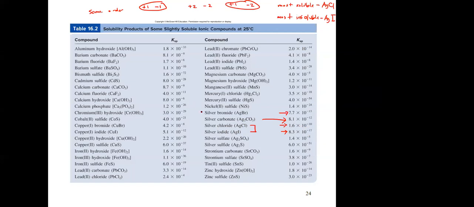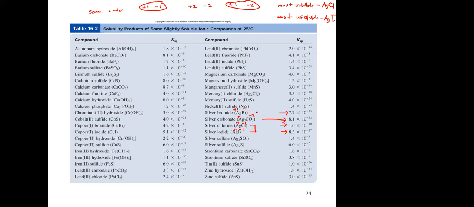Is silver carbonate the same type as silver bromide, silver chloride, and silver iodide? Are they of the same type? One here would have a positive one, negative one, a positive one, negative one, a positive one, negative one. What's the problem with this one? A positive one and a negative two. So they're not of the same type.